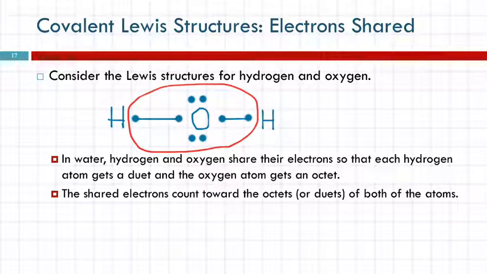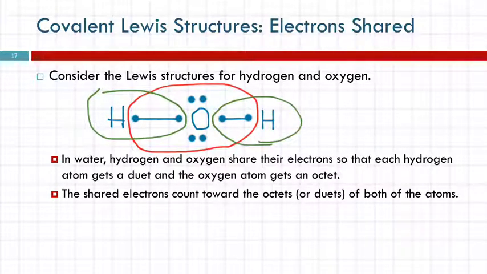I'm going to do a lot of counting to 8 by 2s. 2, 4, 6, 8. Okay, so this oxygen has an octet. She's happy. What about the hydrogens? Well, they've got 2 electrons. The hydrogen counts its shared electrons, and so the hydrogen feels like it has 2 electrons. And that's all that hydrogen needs. Hydrogen follows the duet rule. It just needs 2 electrons to be happy. Easily satisfied. Any questions?